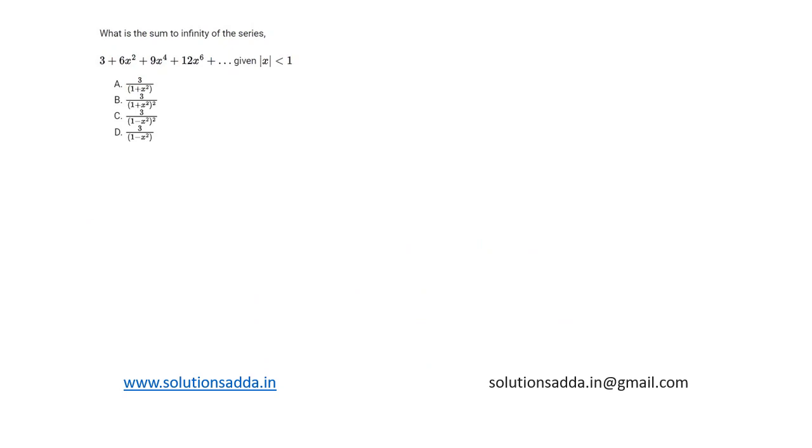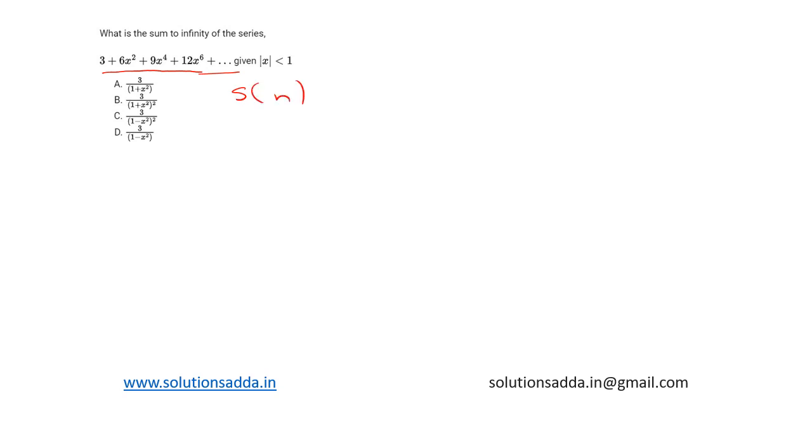This is a question from engineering mathematics. What is the sum to infinity of the series 3 plus 6x square plus 9x to the power 4 plus 12x to the power 6, etc., given that modulus x is less than 1, and 4 options are given.